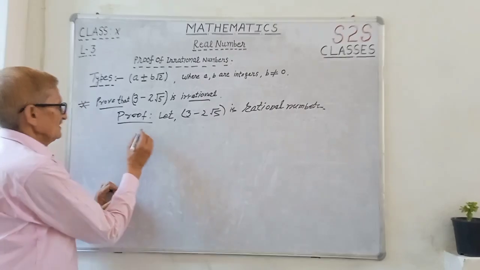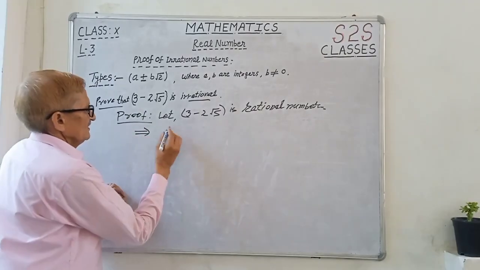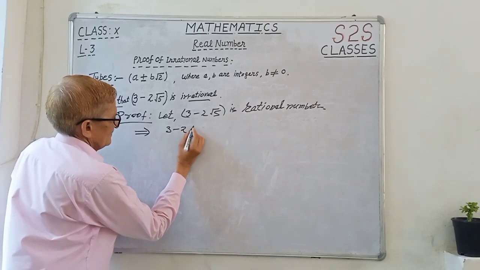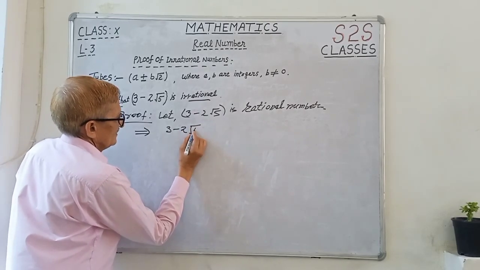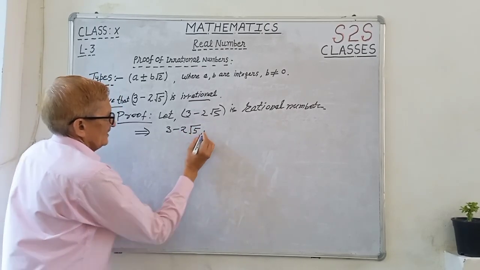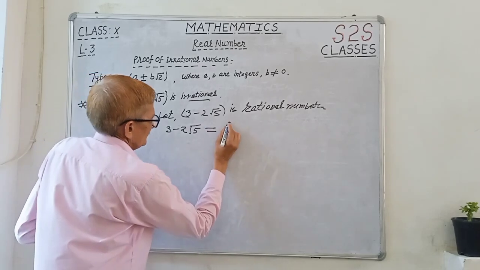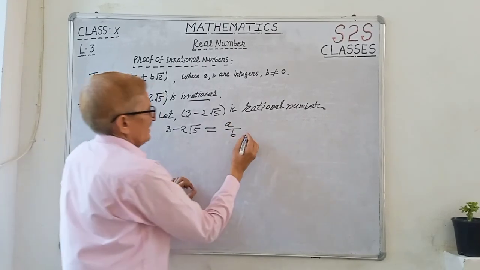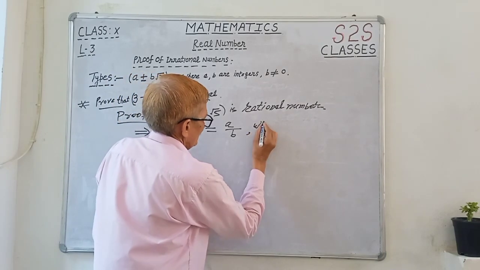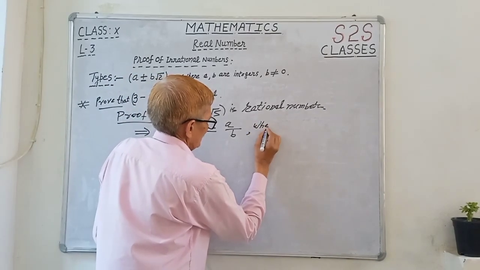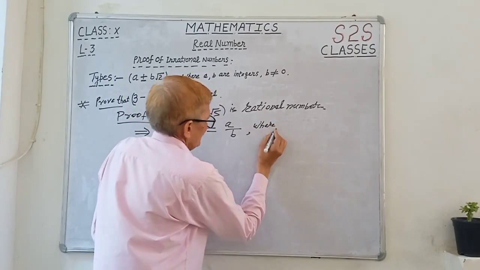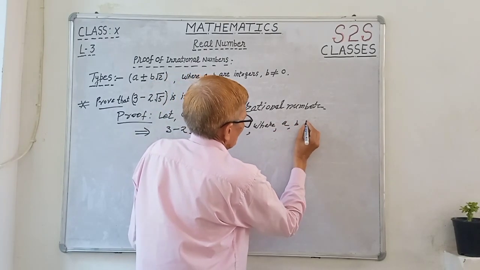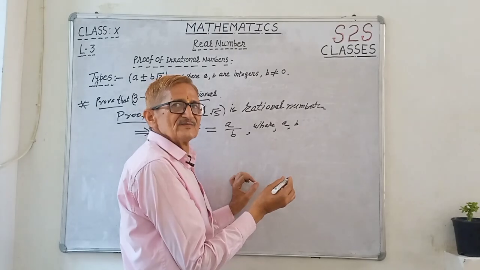Now this implies it can be written in a upon b form, where a, b belong to any integer.